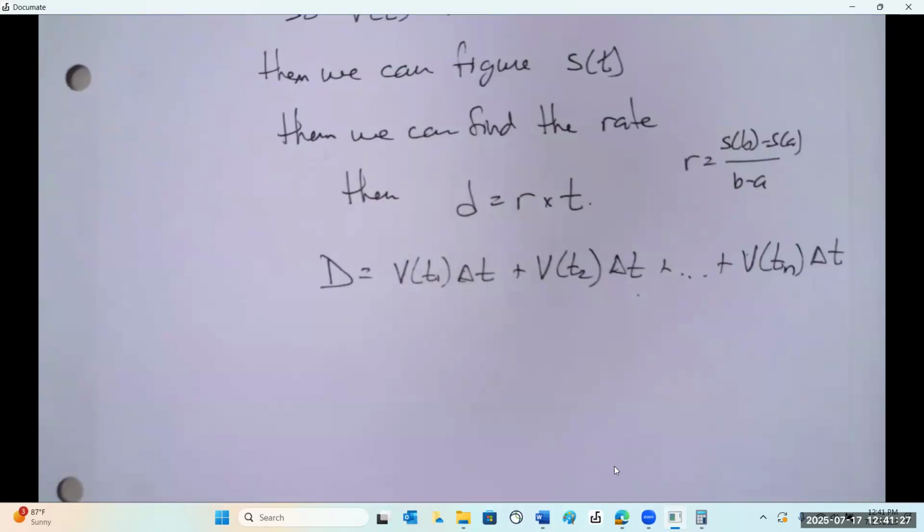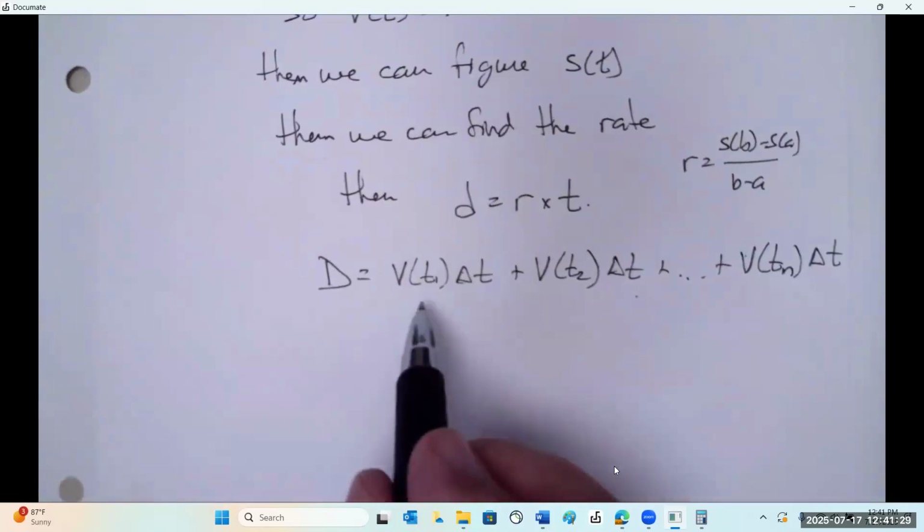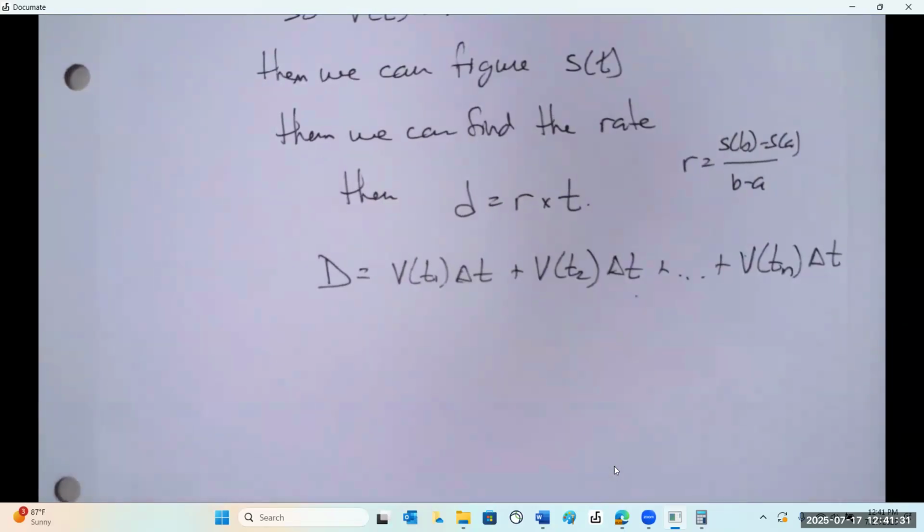And that's only possible if we can find a constant velocity so that each one of these intervals in our time intervals, it remains constant. Because if it's changing, if it's increasing or decreasing, then we can't use it to any level of accuracy.